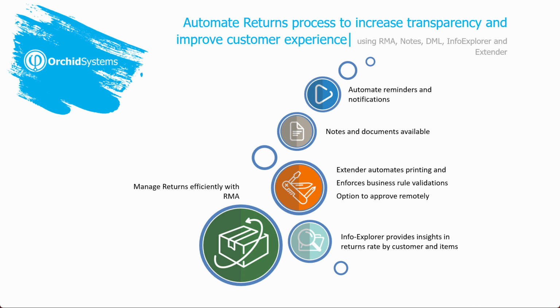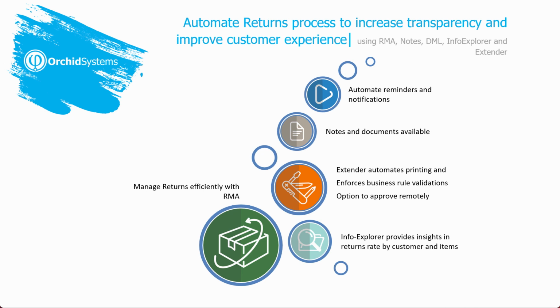You add Extender to enforce business rules validation, to develop a workflow around your RA. You can also use Extender to automate the printing of the RA so that the return instructions and the other documents created by RA are automatically saved with the right name in the customer folder. You really have a lot of flexibility in how you can process your returns to increase transparency and improve customer experience.